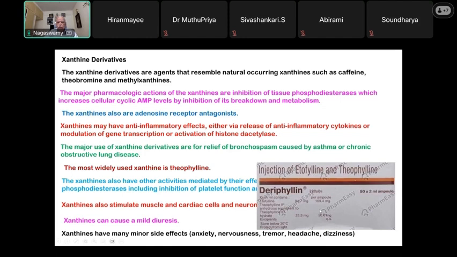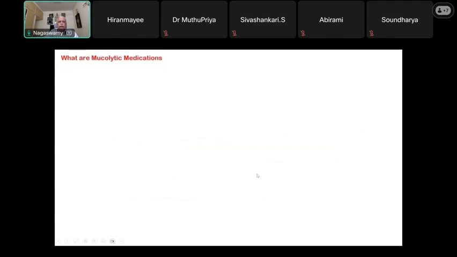Etophylline is almost 170 milligrams, and theophylline is about 50 milligrams, so 220 milligrams is the total dose. Then mucolytics are the other medications which are commonly used.